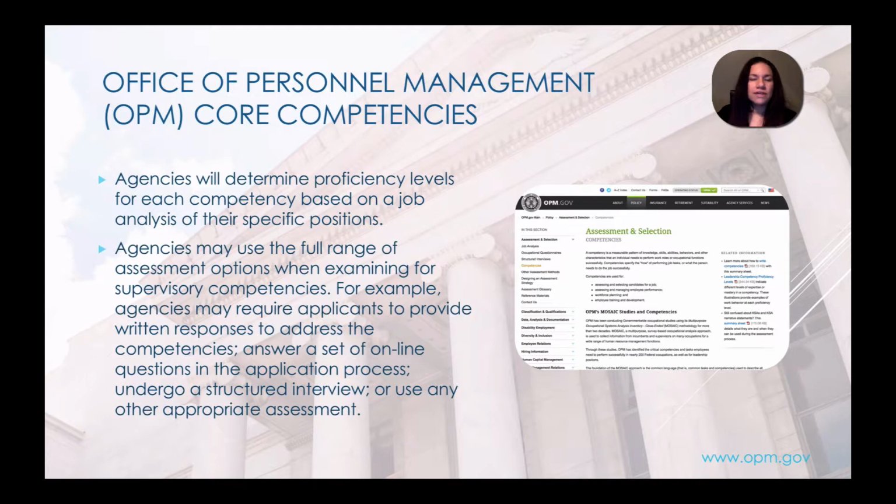Agencies may utilize the full range of assessment options when examining for supervisory competencies. For example, agencies may require applicants to provide written responses to address the competencies, answer a set of online questions in the application process, and undergo a structured interview, or use any other appropriate assessment.